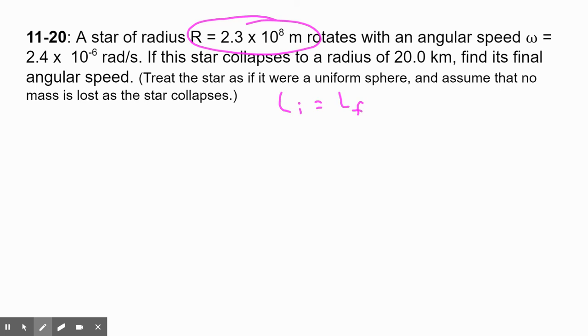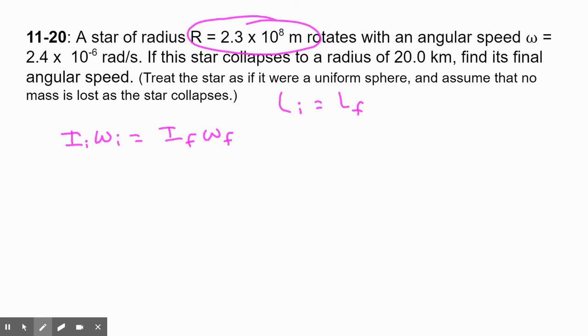So that gives us a good starting point for our problem. Let's go ahead and use the fact that we can replace L with I omega. So here we go: I, moment of inertia initially, and our speed initially is equal to our moment of inertia finally times our final speed at the end.